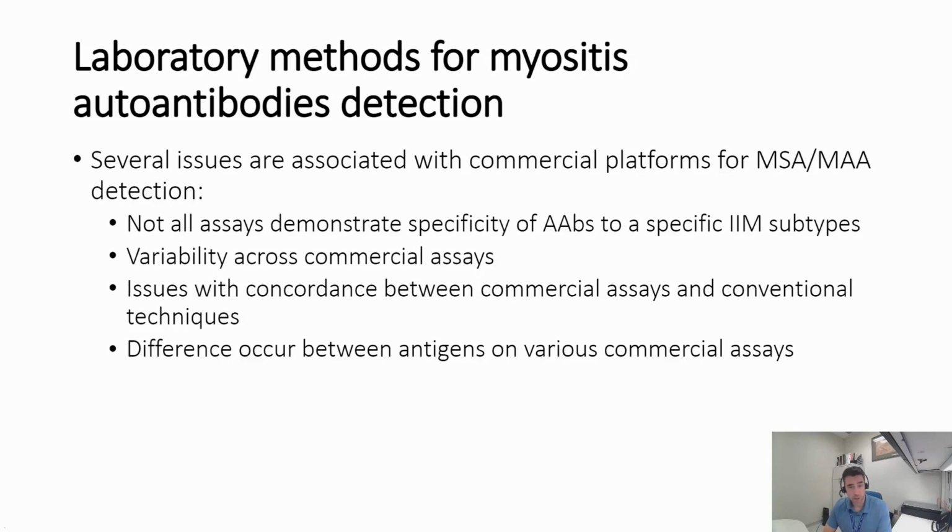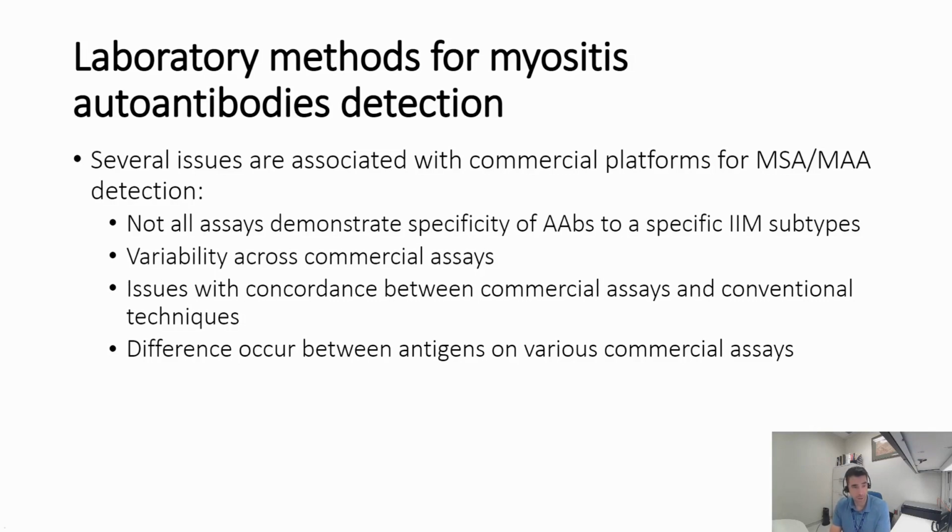There can be issues with concordance between commercial assays and conventional techniques. So comparing immunoprecipitation, which would be considered a de facto reference method, with commercial assays. Just because there's positivity with your line blot doesn't necessarily mean you may observe positivity with your immunoprecipitation or vice versa.